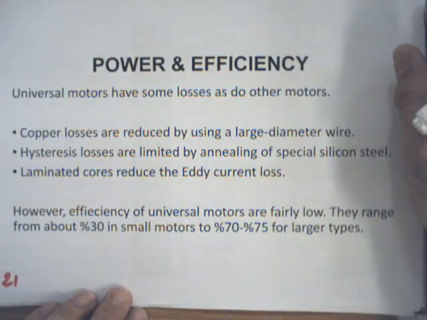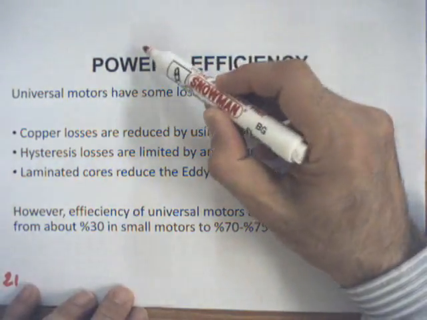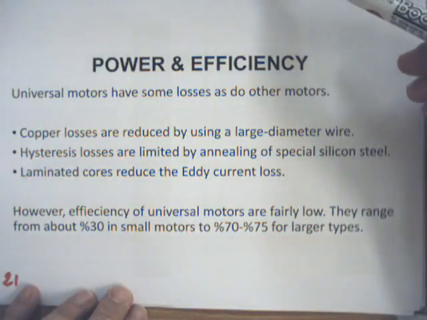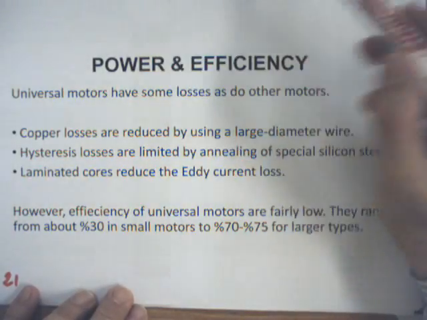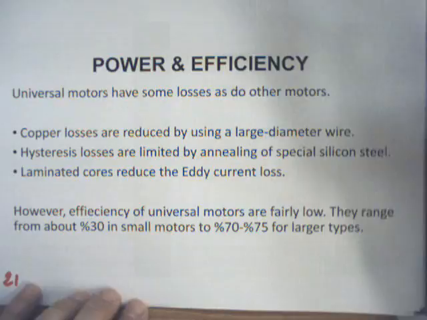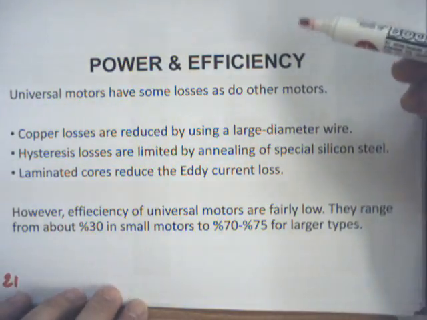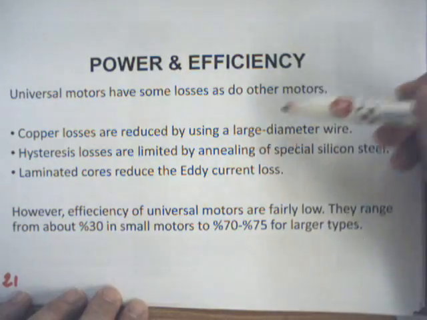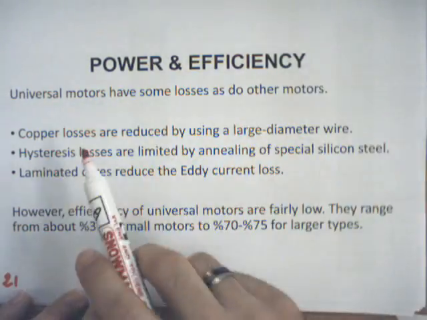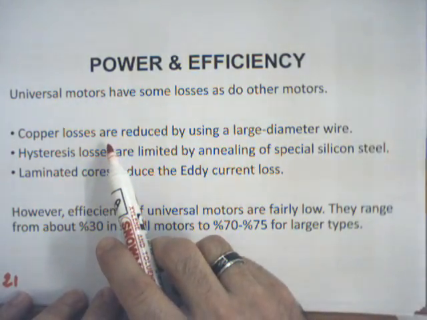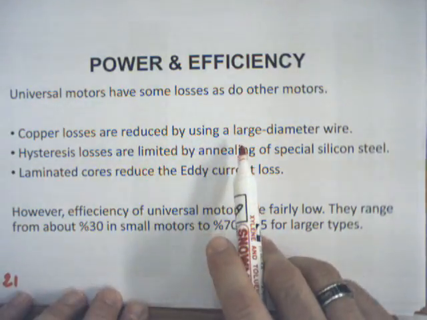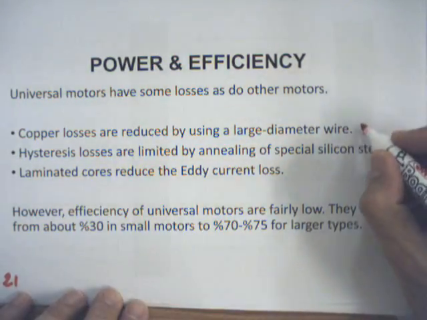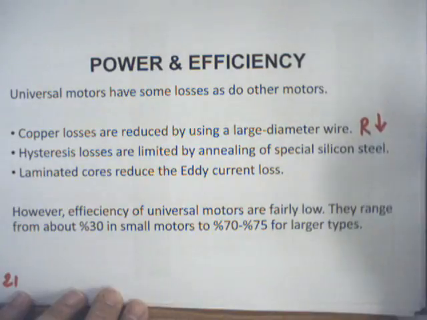So torque times speed gives the mechanical power, or voltage times armature current also gives electrical power. So what can we say about the power and efficiency of this motor? Universal motors do have some losses like other motors. Copper losses are in the windings, and they are reduced by using larger diameter wire, so that resistance of the wire drops.